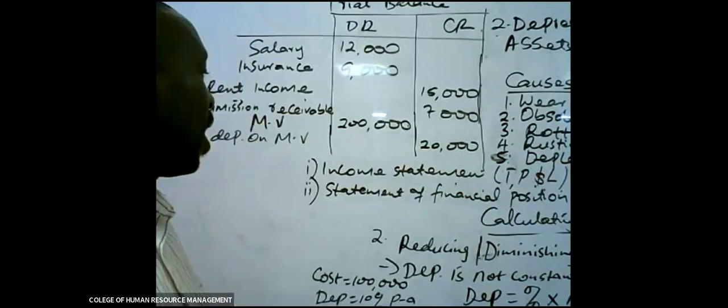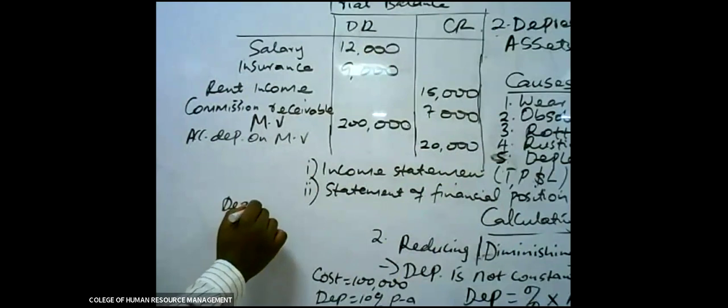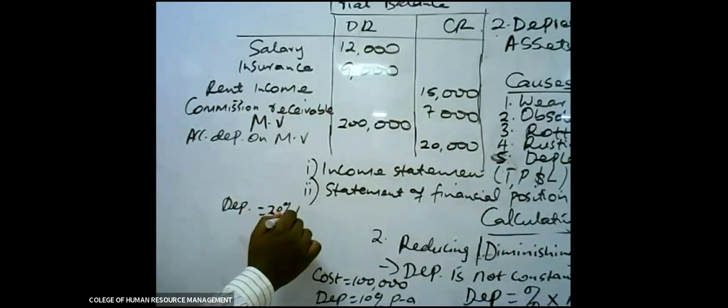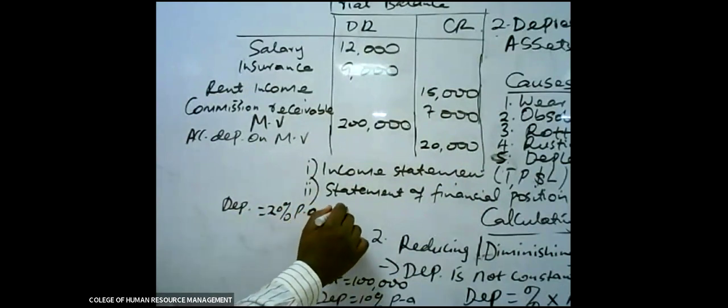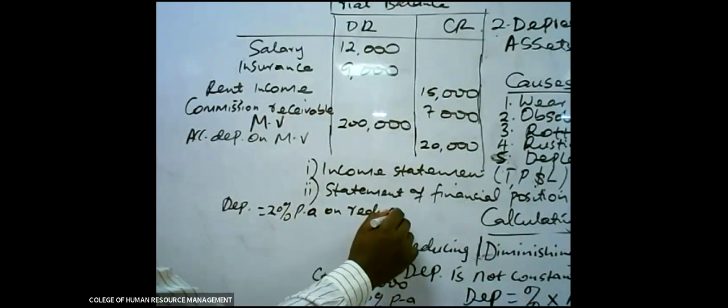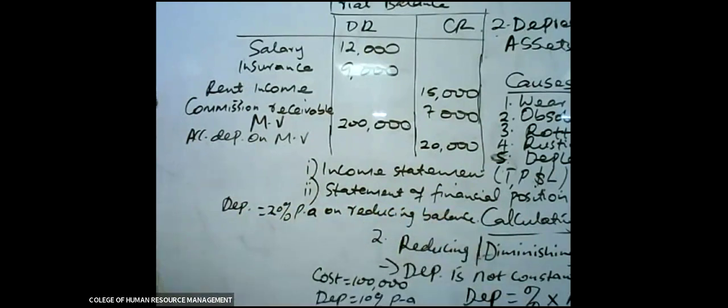And then you will be told depreciation on motor vehicle is maybe 20% per annum on reducing balance. They will tell you like that. It is 20% per annum on reducing balance.